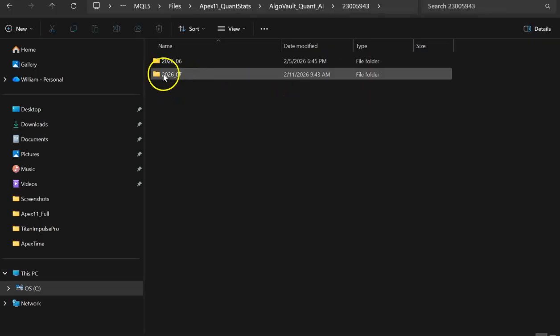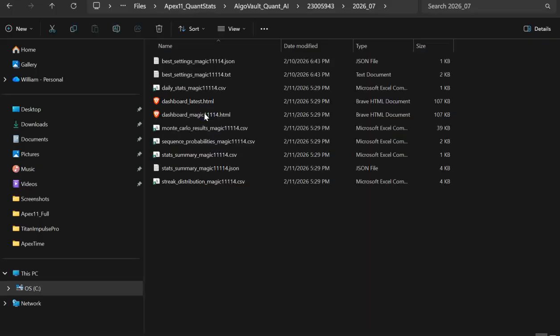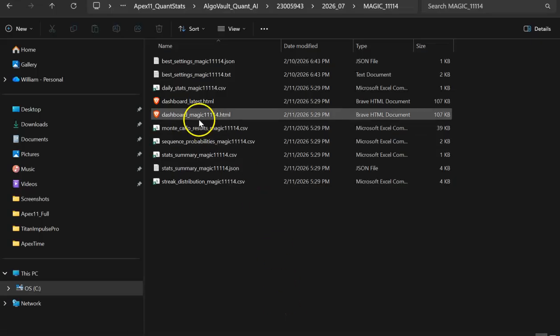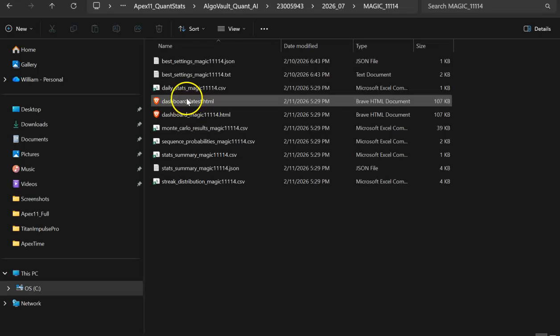This is my one here. You can always go to the bottom folder and then select the folder with the magic number that you have put in the AlgoVault Quant. And then the latest dashboard will show up. We open that up.